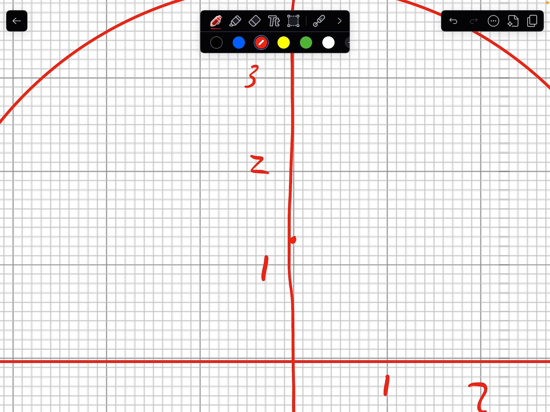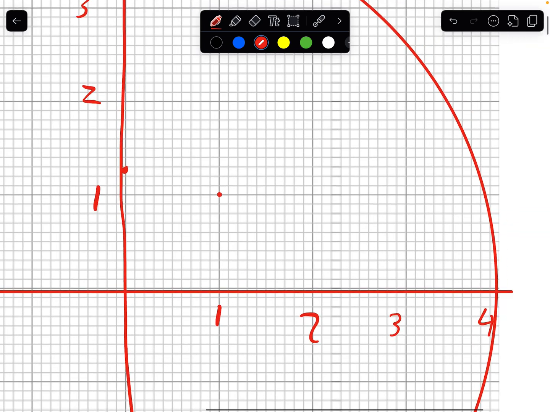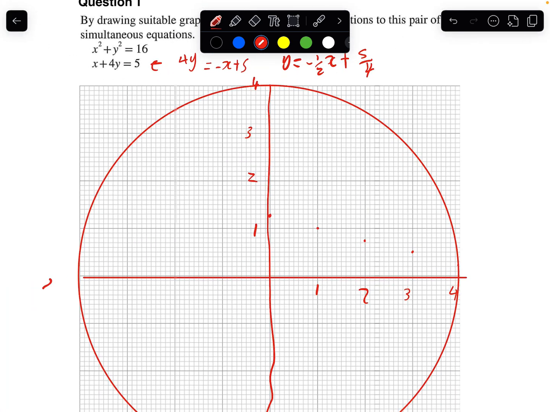So if it's at 1.25 at 0, at 1 it's going to be at 1, at 2 it's going to be 0.75, at 3 it's going to be 0.5, and at 4 it's going to be 0.25, which looks like it intersects with the circle. I can then draw a straight line going through those points, like so.